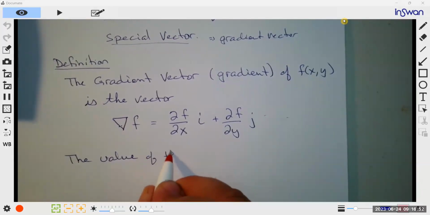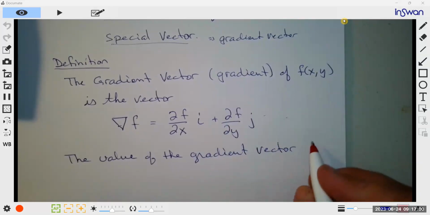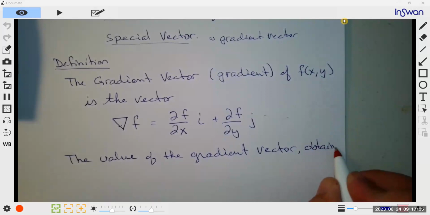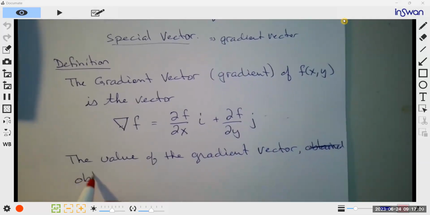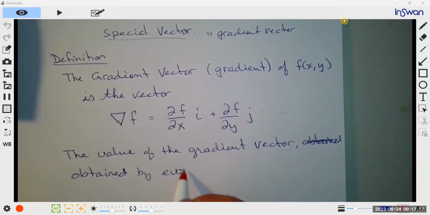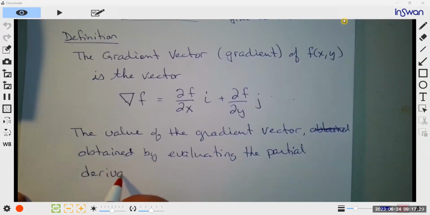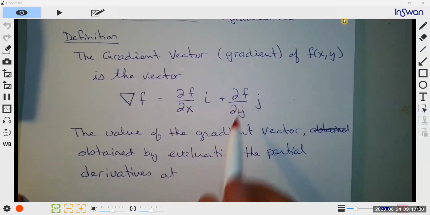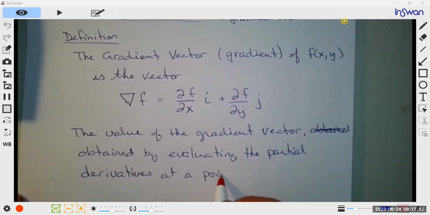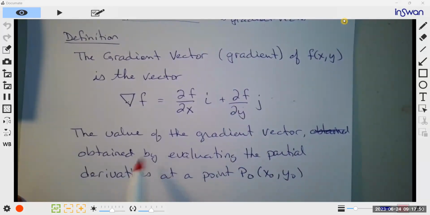The value of the gradient vector obtained by evaluating the partial derivatives, partial fx, partial fy, at a point p sub 0, x sub 0, y sub 0.